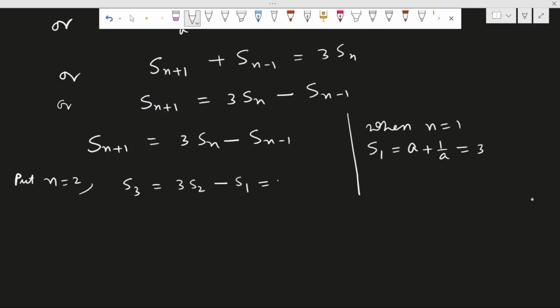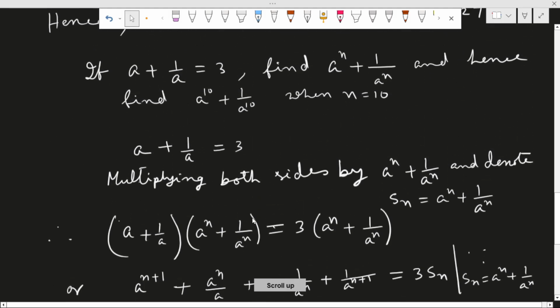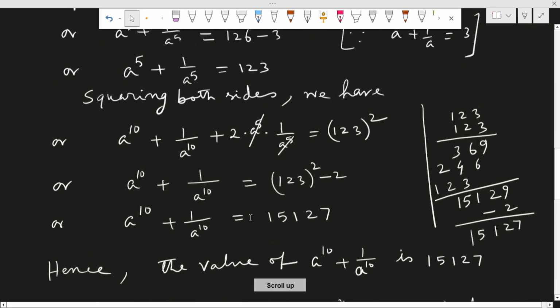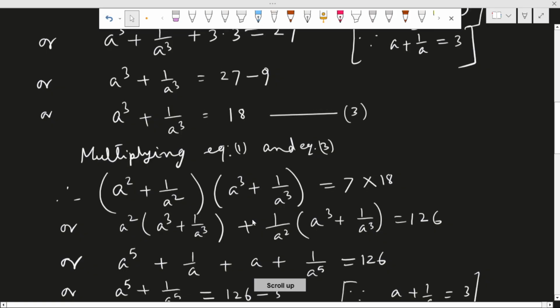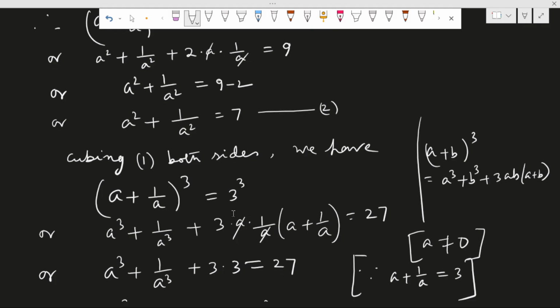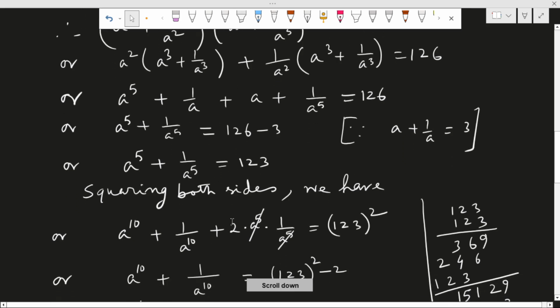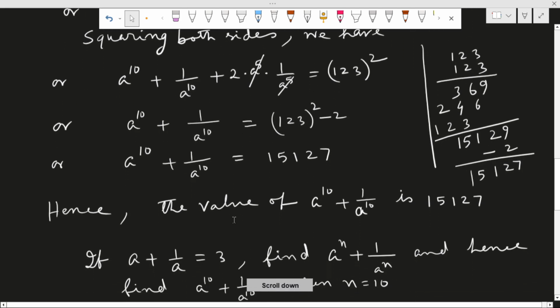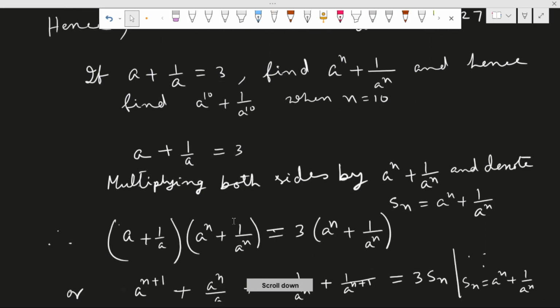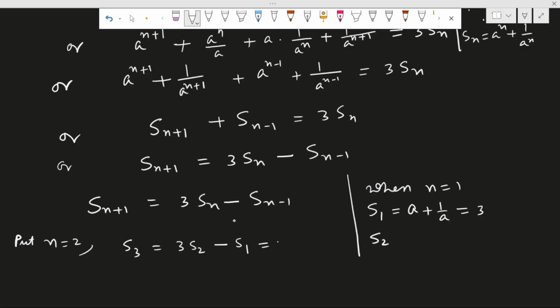S2 is equal to a square plus 1 by a square, that means 7.